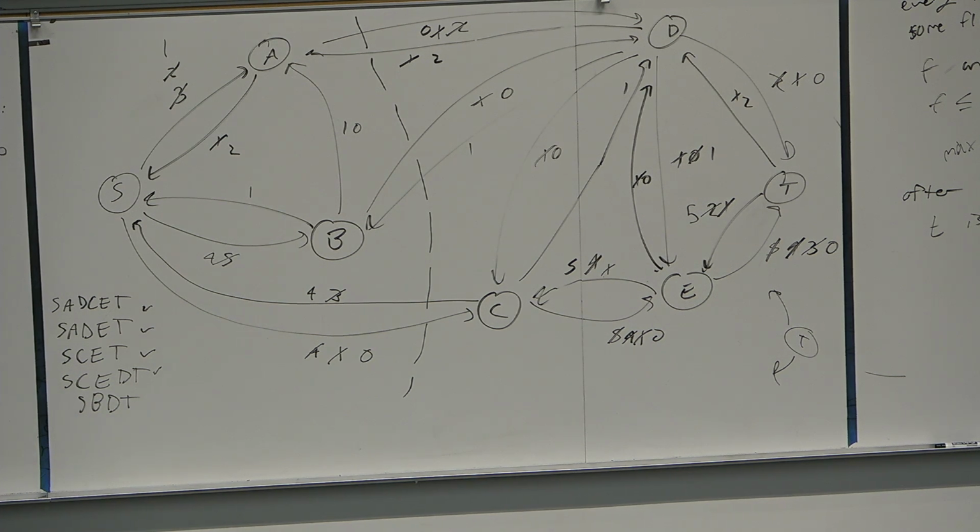Now, why is nothing else reachable from those? So I'm asking two questions. Let's consider D, okay? Why is D not reachable from A?